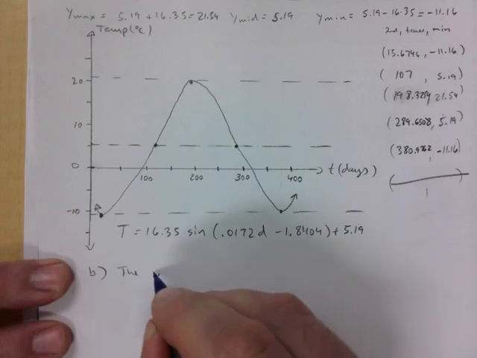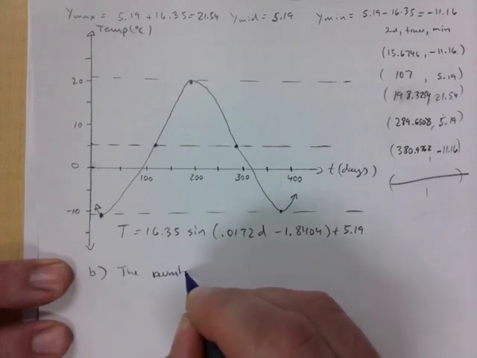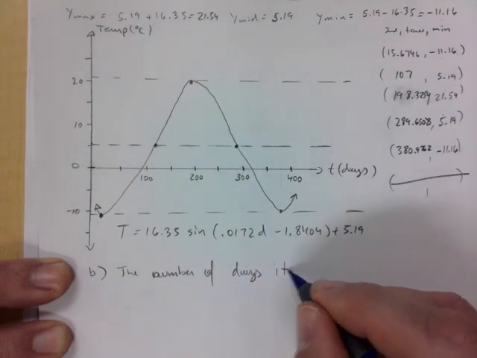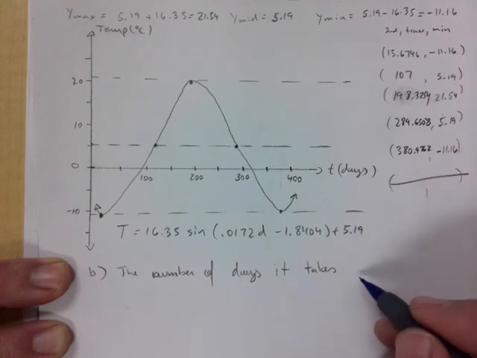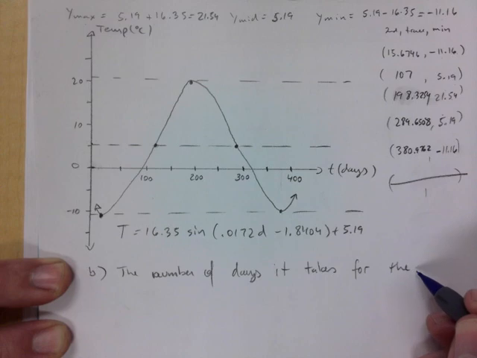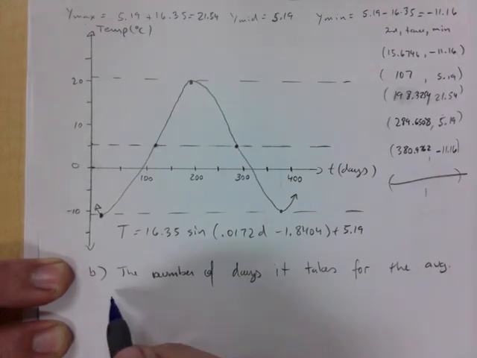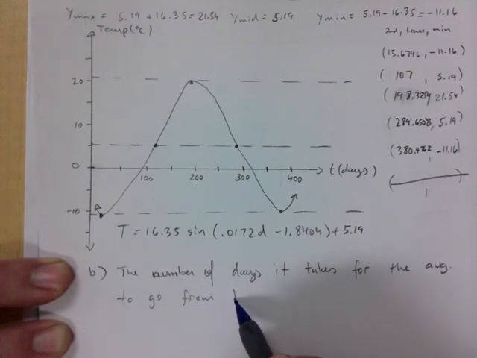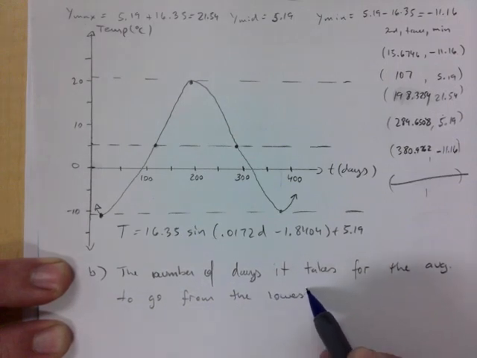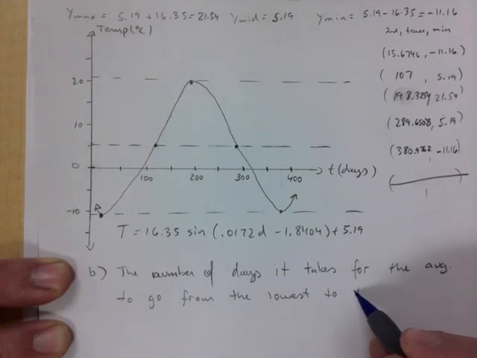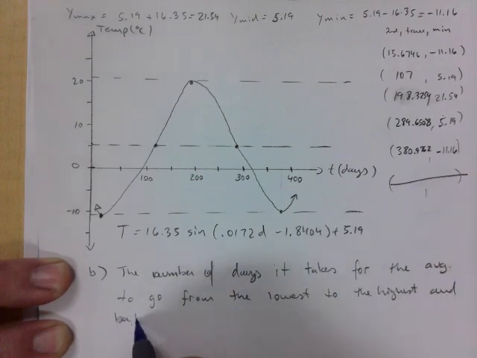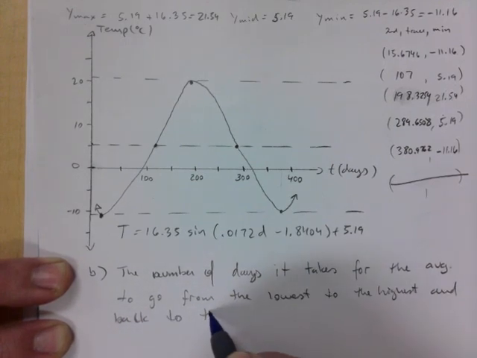The number of days it takes for the average temperatures to go from the lowest to the highest and back to the lowest.